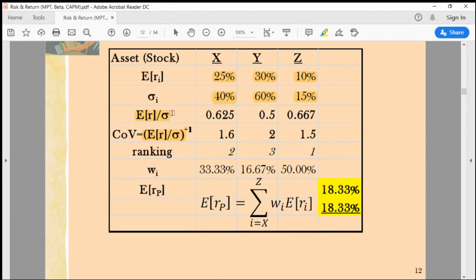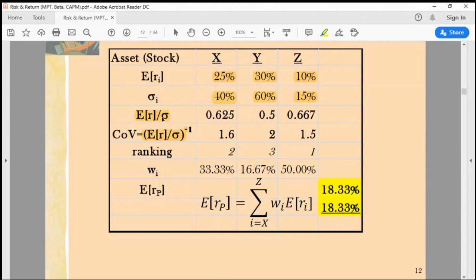Standard deviation is, you might say, oh, so should it be called the mean standard deviation ratio? Yeah, you can call it the mean standard deviation ratio as well. But you remember standard deviation and variance are like twins, right? So you can call it the mean variance ratio as well.